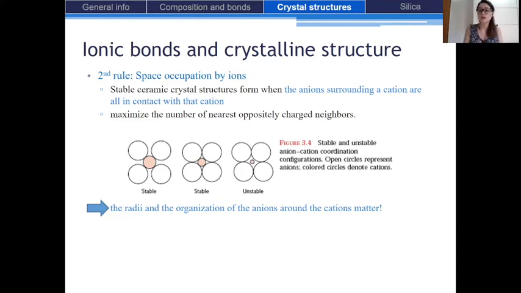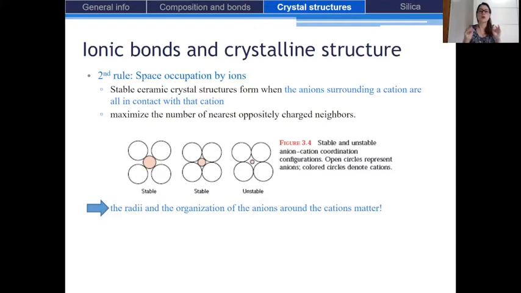Now, in the case of ceramics, we have anions and cations, and we need to understand how they organize with each other. What are the rules to follow for the space occupation by ions in a unit cell? So the rule is the following: stable ceramic crystal structures are formed when the anions surrounding a cation are all in contact with that cation.